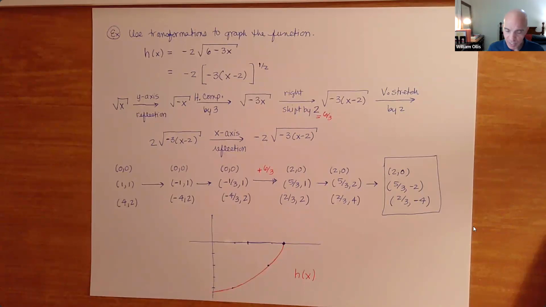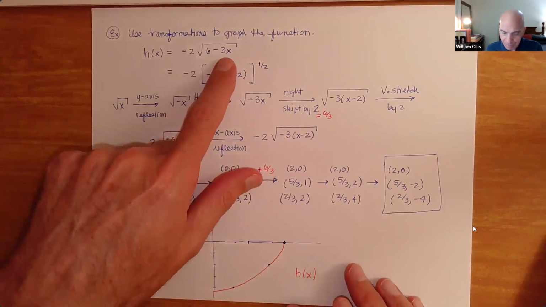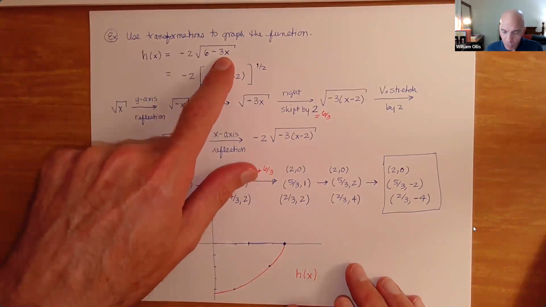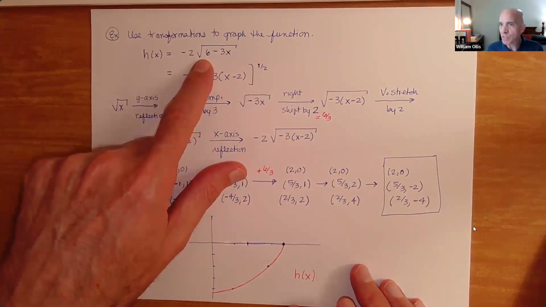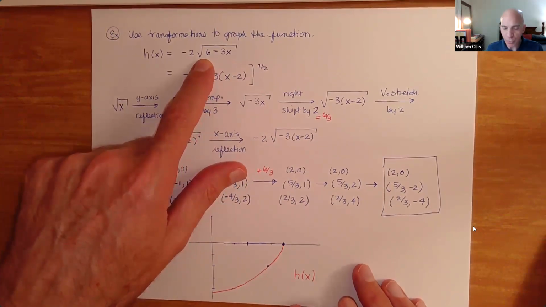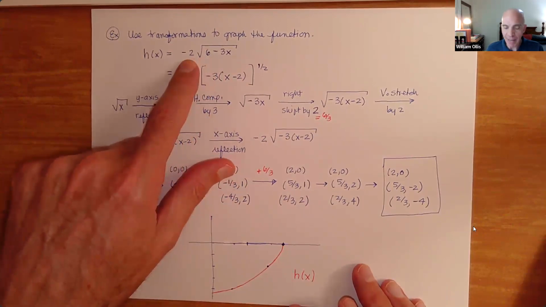Now notice what's interesting here. You might look at this and think, well, when we get a 0 here, we've got just the square root of 6. And the square root of 6, that's between 2 and 3, and you multiply by -2.